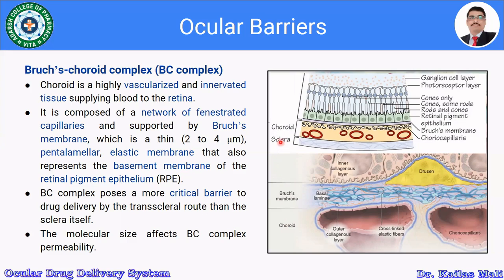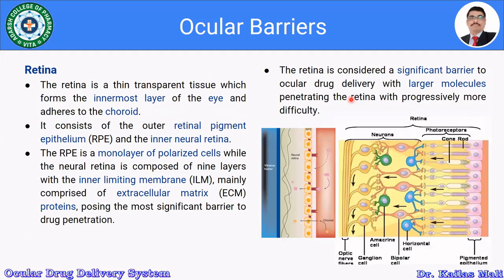Below the choroid there is the sclera, and above the choroid there is Bruch's membrane, and furthermore the retinal pigment epithelium, which makes the Bruch's choroid complex, which is going to affect the permeation or the movement of the drug from the choroid to the retina.